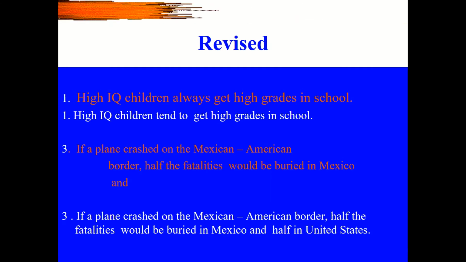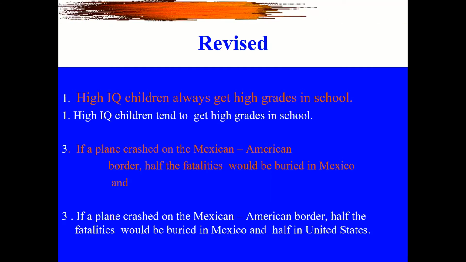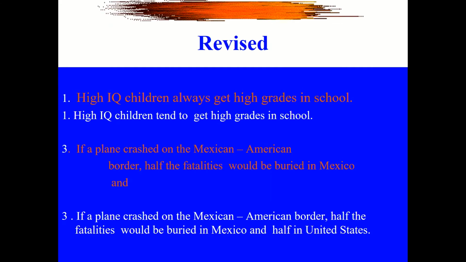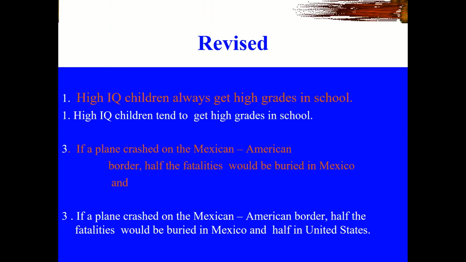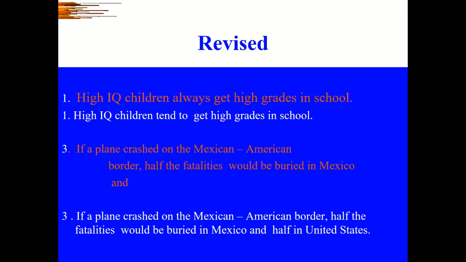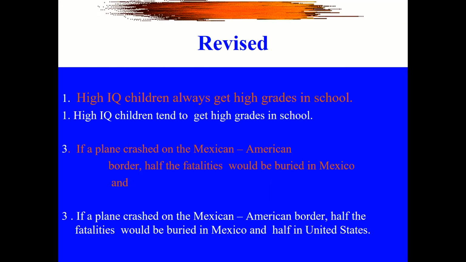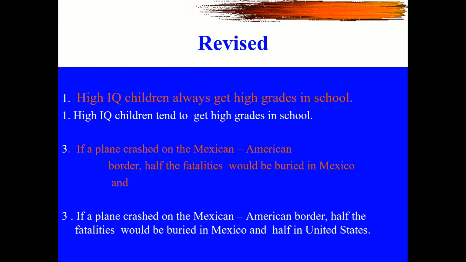So half of the fatalities are buried in Mexico. Definitely, period, because it's the Mexican-American border, so definitely the other half would be in the United States. So, period: half would be buried in Mexico.